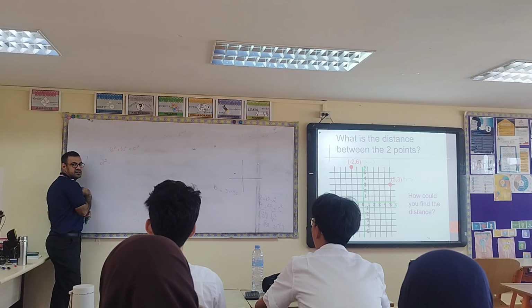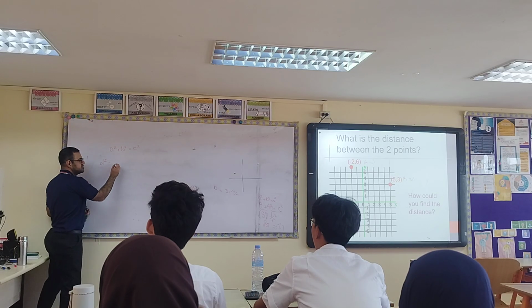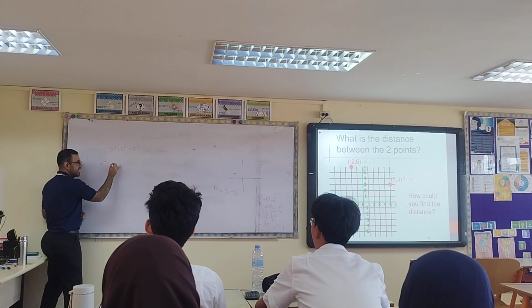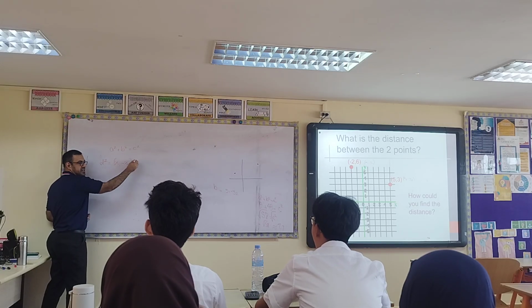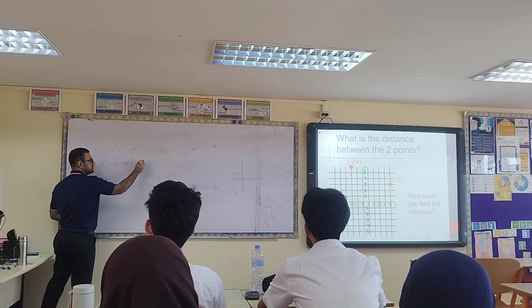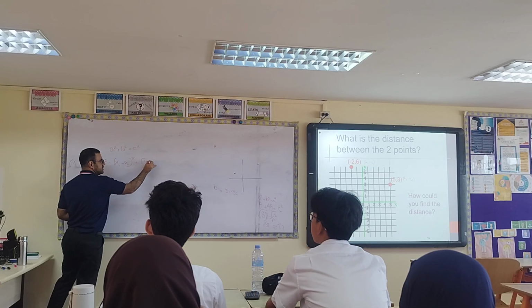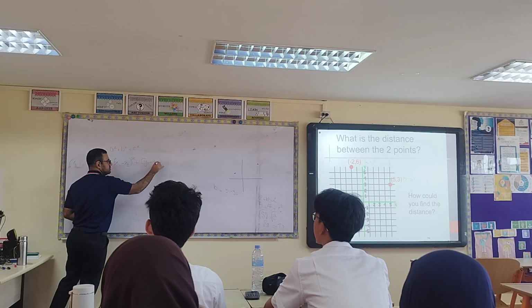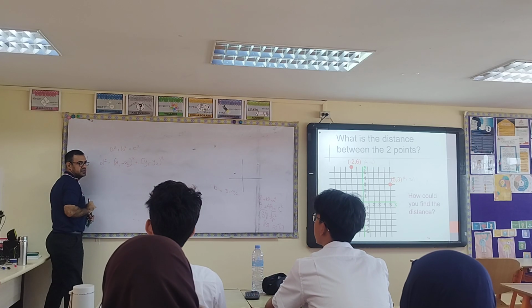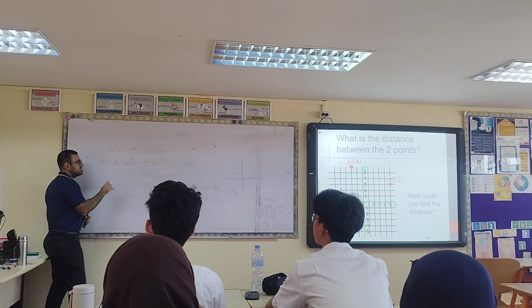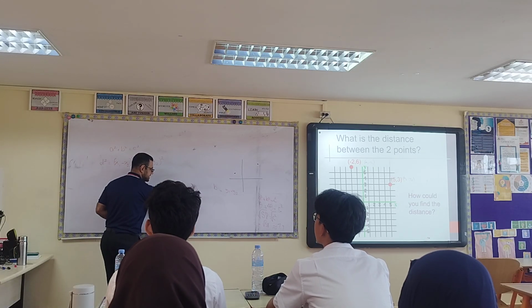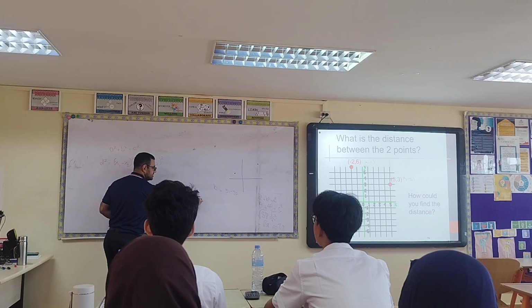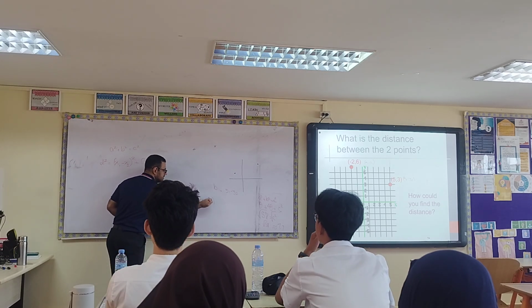Okay? A squared, how much? It's x1 minus x2 squared. Again, we have a squared, right? Plus y1 minus y2 squared. So it's the same numbers, but here C equals the distance.